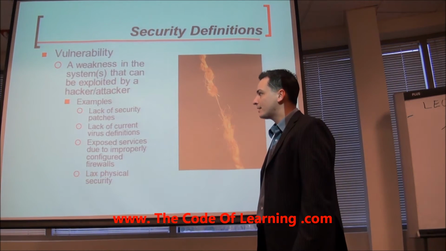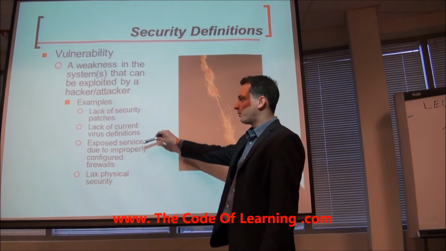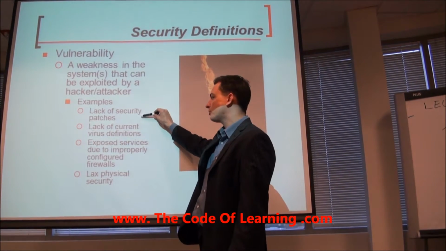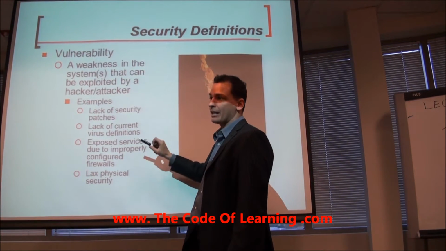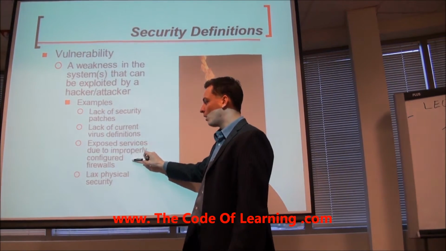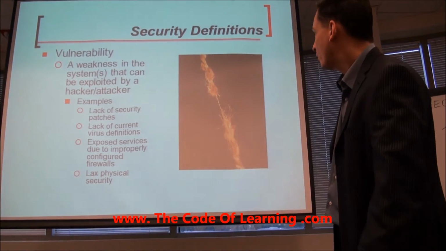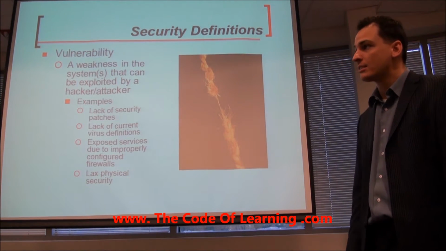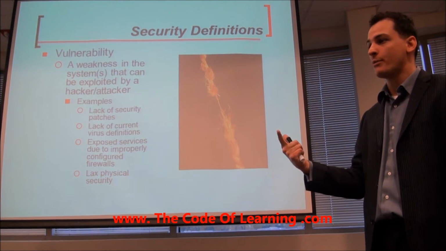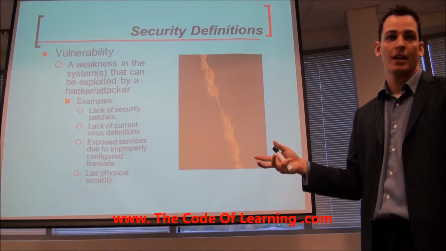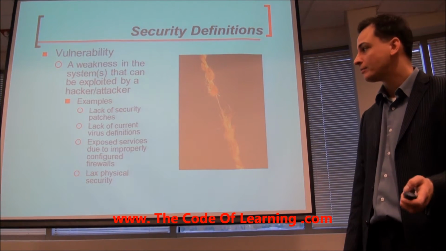So those weaknesses could exist, for example, if you didn't patch your systems, you didn't have current virus definitions, you had an improperly configured firewall, or maybe it's just relaxed physical security. All of those could contribute to weaknesses in systems. And for that matter, you could also say there's physical weaknesses, administrative weaknesses, technical weaknesses, and operational weaknesses too, if you like. Hence the value of the chart.